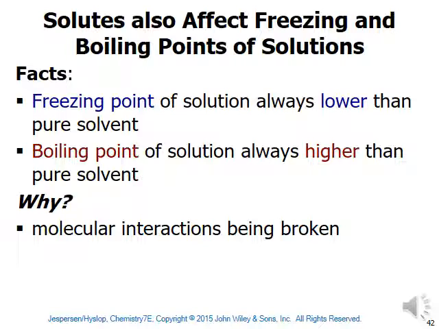The freezing point of a solution is always lower than that of a pure solvent. So if you have salt water, the freezing point is lower than water. The boiling point is always going to be higher. So the boiling point of salt water is going to be higher than water.